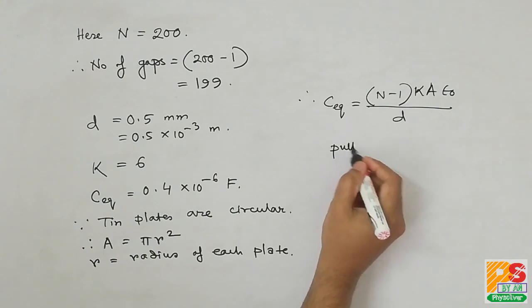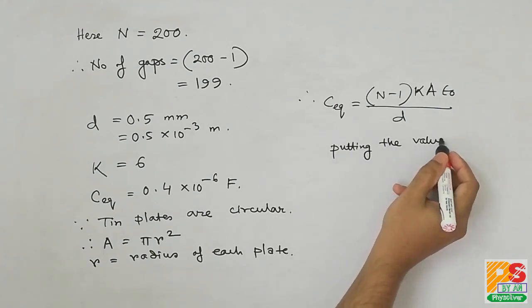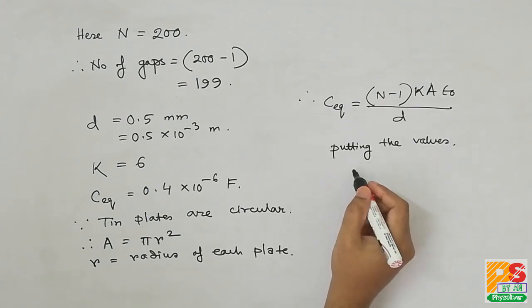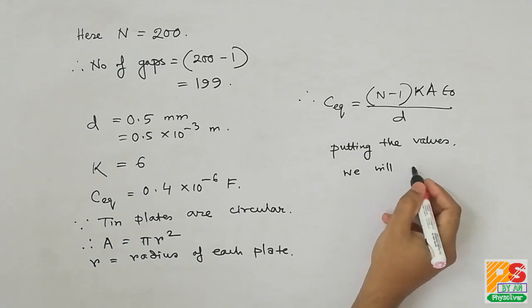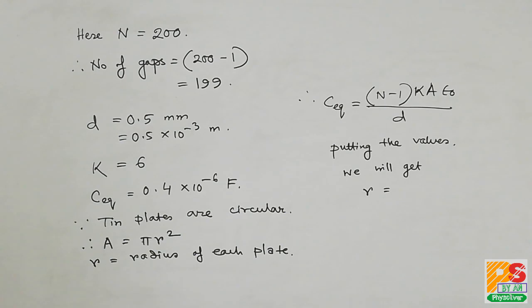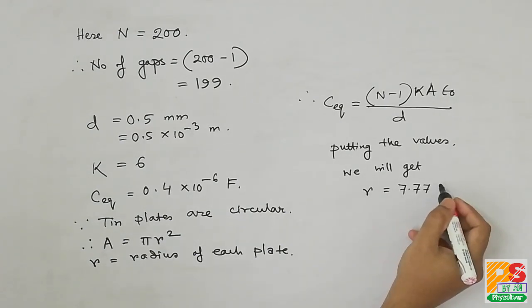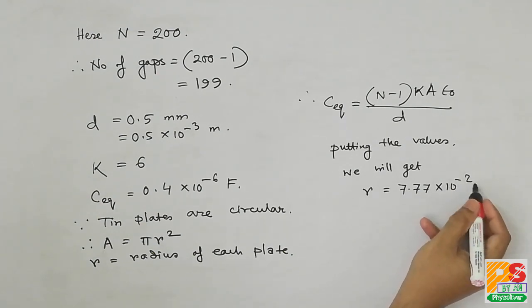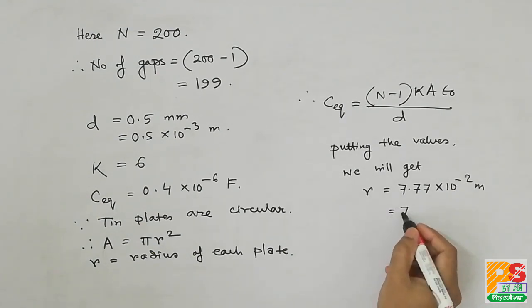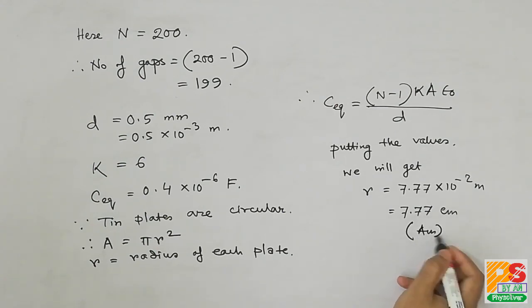By putting all the values in this equation, we can find r easily. And the value of the radius of each tin plate will be 7.77 × 10⁻² meter, that is 7.77 centimeter. Let's go to the next problem.